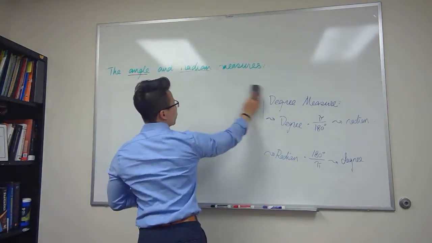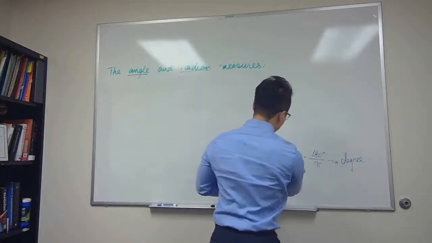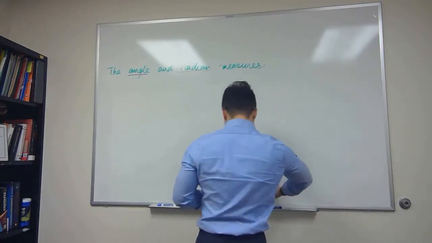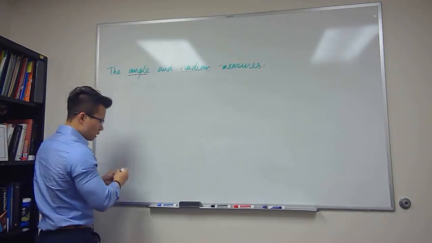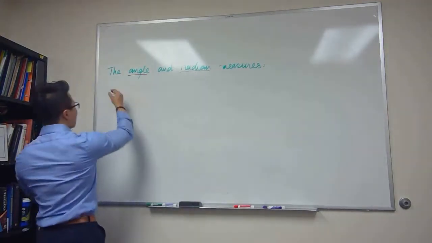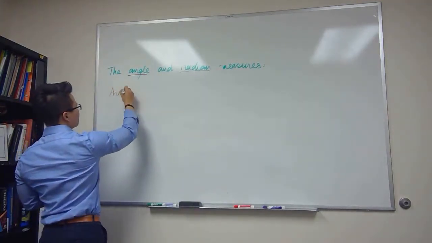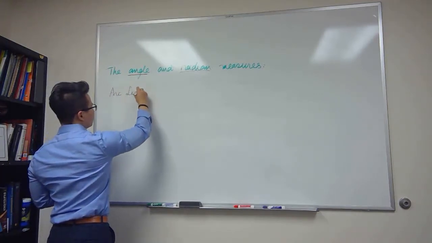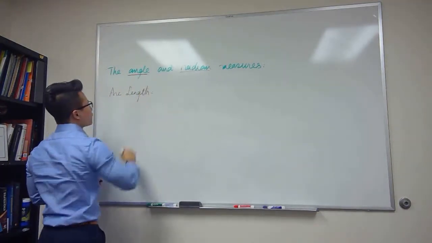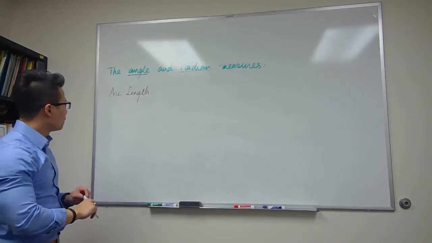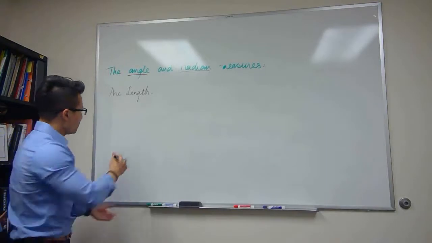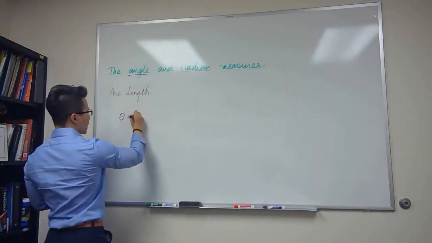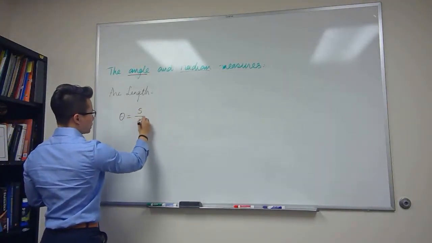So finally, we're moving into our last topic, which is how to find the arc length. Okay, so how do we find the arc length? If we go back a little bit and think about the formulas we had before, it's using that.